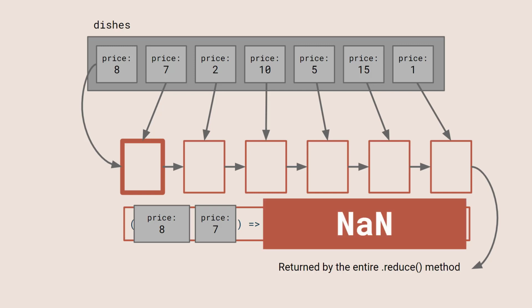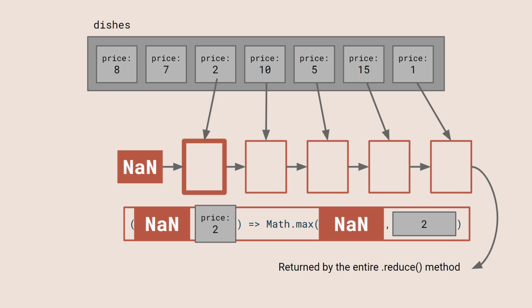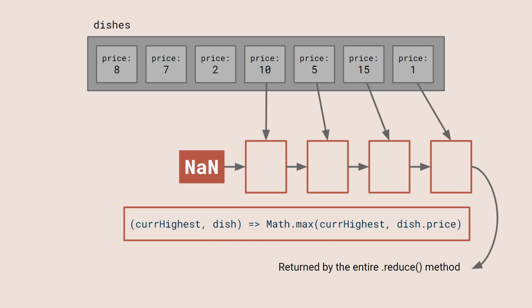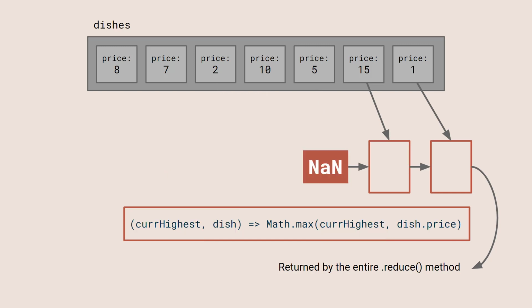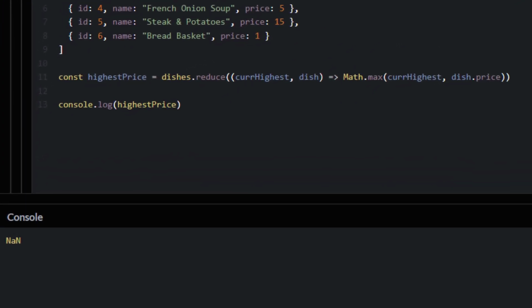And we get a big old not a number because we asked math.max to find the higher of an object and a number. Math.max has no idea how to do that, so it returns not a number, and not a number is returned to that first call, which means it's passed into the next call, which means this one will also return not a number, and we just have a nan-splosion through our code, and not a number is returned from our reduce array method. That's not what we want. We've got to fix that.